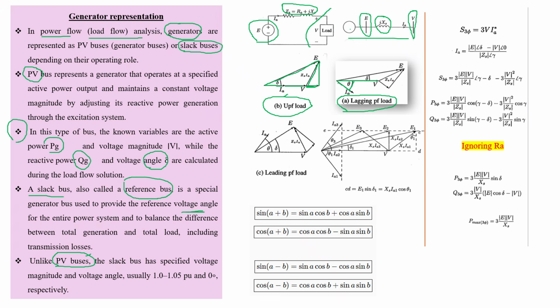In the same principle, the voltage drop for a lagging power factor due to the resistance is in parallel with the current, so it has the same direction as the current.